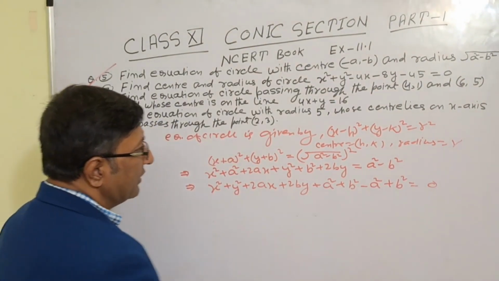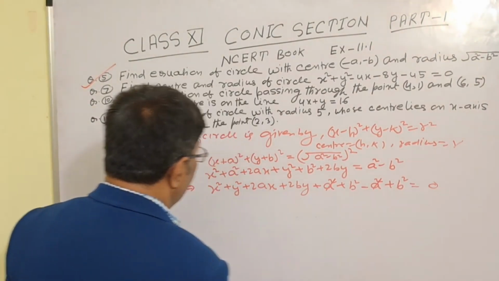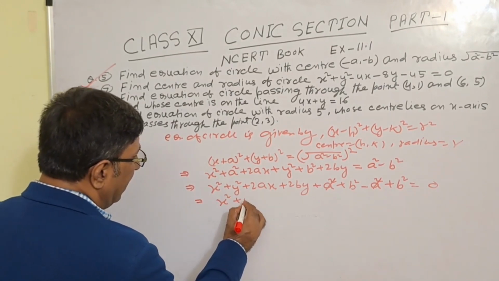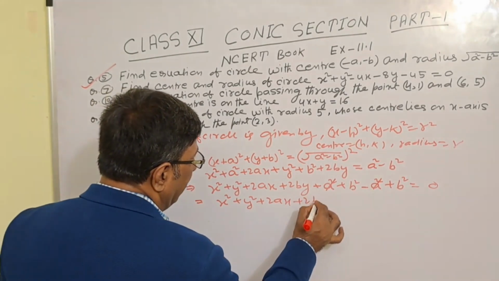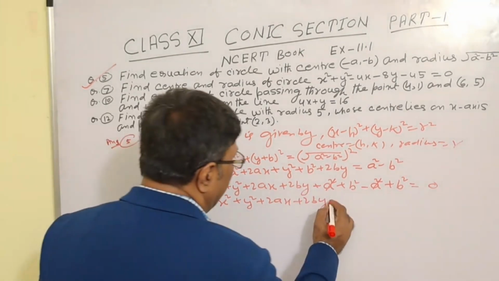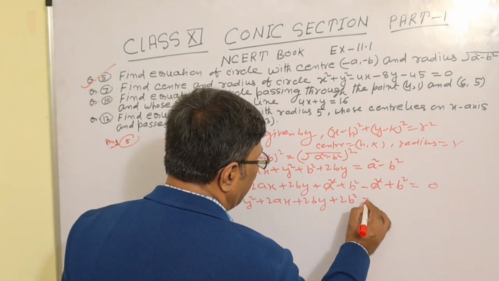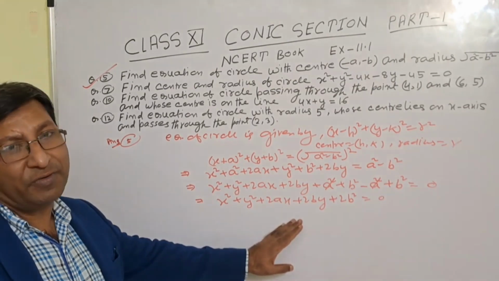Now you know this a square and negative a square cancel out. So we will get x square plus y square plus 2ax plus 2by plus b square plus b square, 2b square equal to 0. This is the required equation of circle.